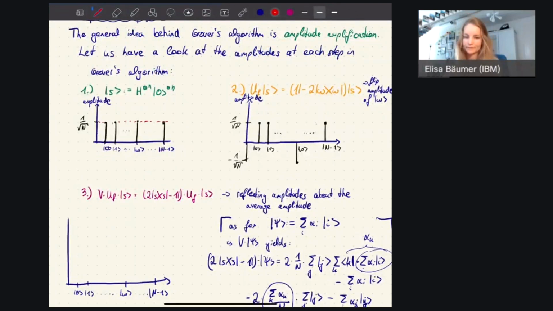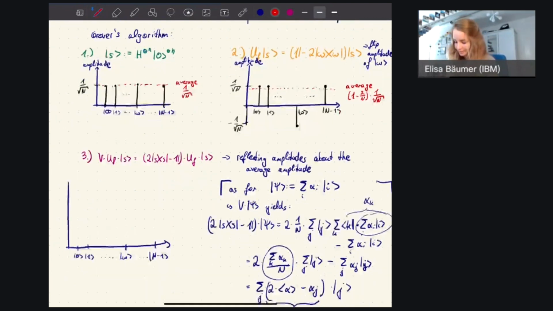In the first step, it's very simple: the average amplitude was just 1 over square root of n. Now in the second part, because we flipped the amplitude of the winning element, the average amplitude slightly decreased. And so the average amplitude here is actually 1 minus 2 over n, that's 1 over square root of n.